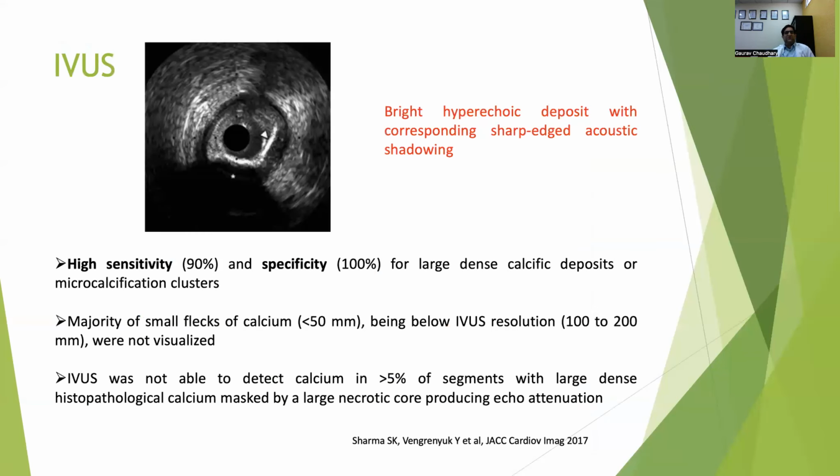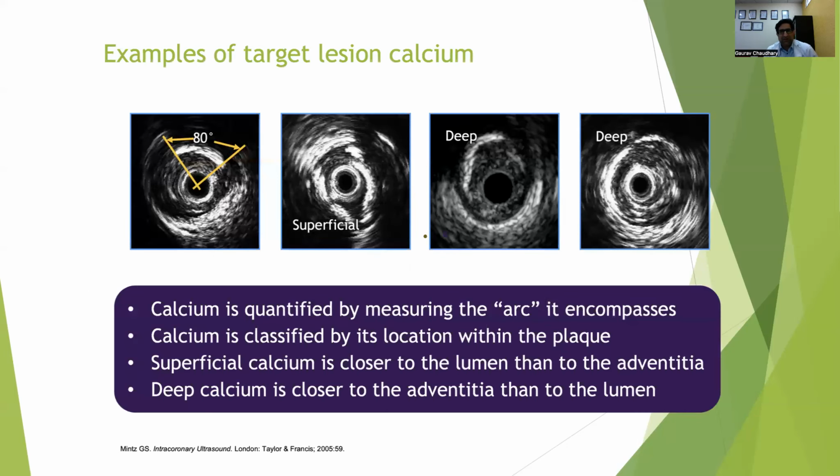So on IVUS, we should see a bright hyperechoic deposit with corresponding sharp edged acoustic shadowing. So it has a high sensitivity of 90% and high specificity for large dense calcific spots or microcalcification clusters. And we can also describe this target calcium in the form of arc.